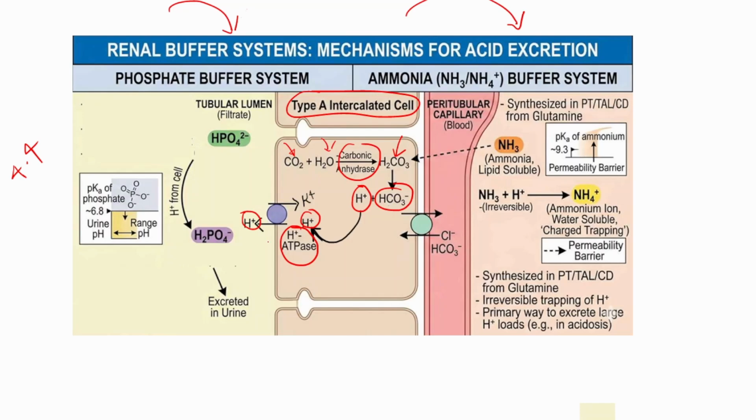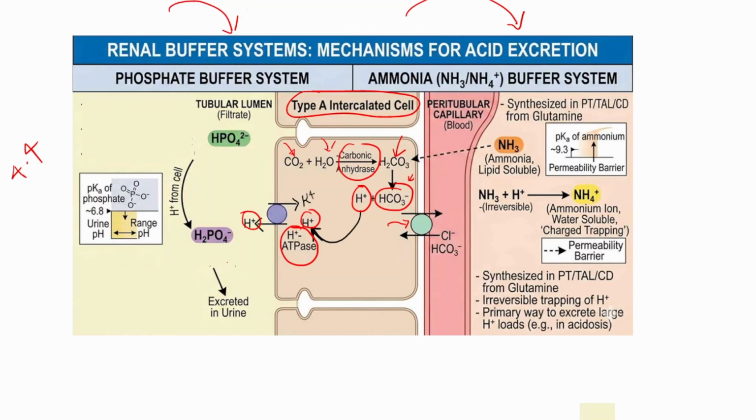And meanwhile, look at the basolateral membrane facing the blood, the peritubular capillary. The regenerated bicarbonate exits into our blood via the chloride-bicarbonate exchanger, an antiporter. This is how the cell continuously supplies new base to the body while tossing acid into the urine.